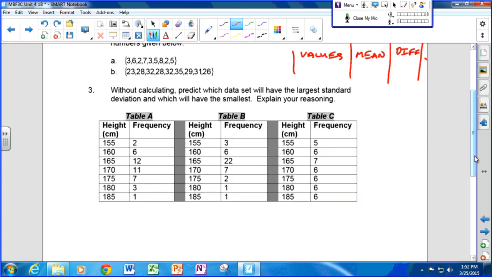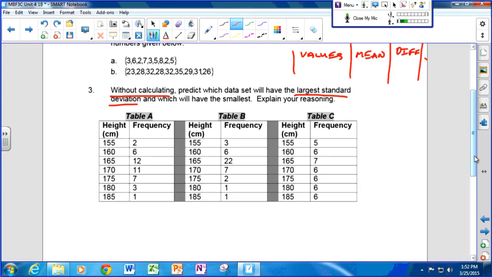And then finally here, question 3: without calculating, predict which data set will have the largest standard deviation, and which will have the smallest. Now this is tricky because they don't explain how to do this in the text.